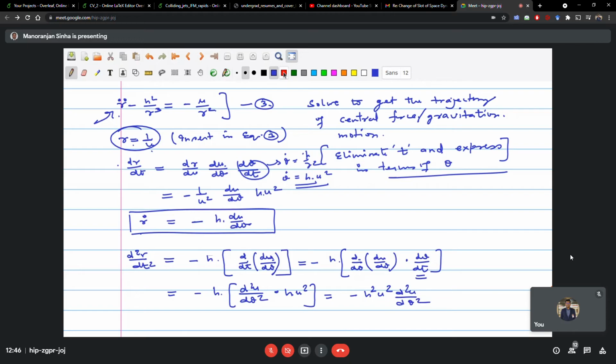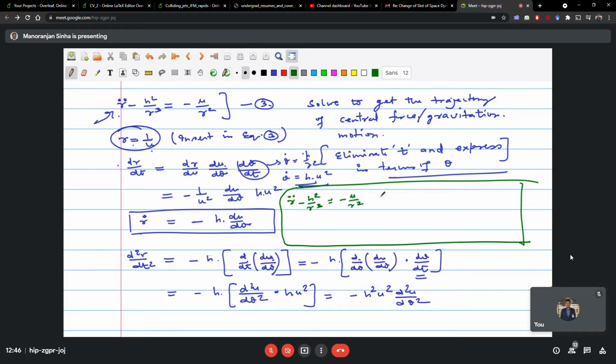And therefore our equation gets reduced to r double dot, which is minus h square u square d square u by d theta square, and minus h square 1 by r cube will be u cube.